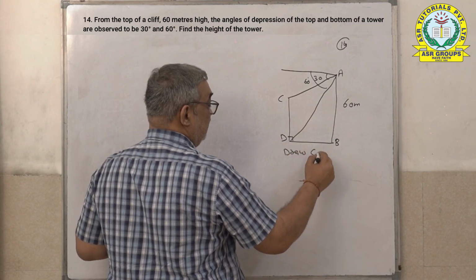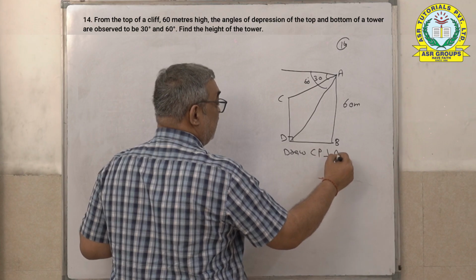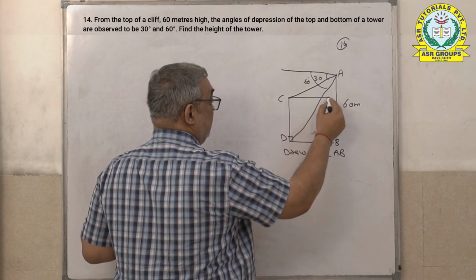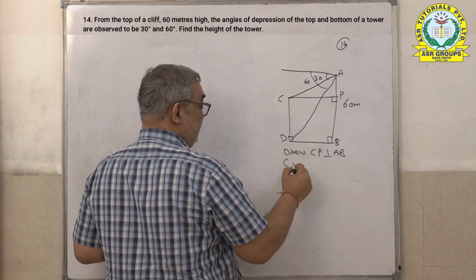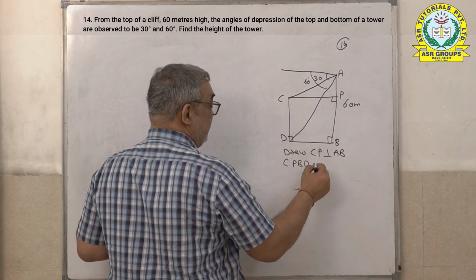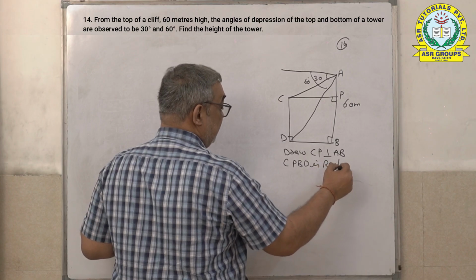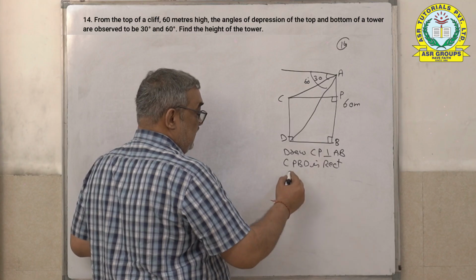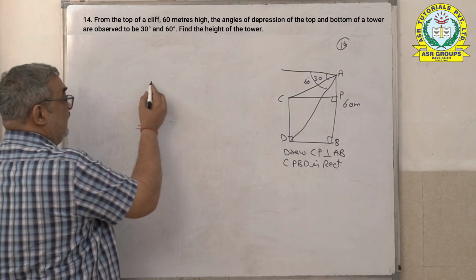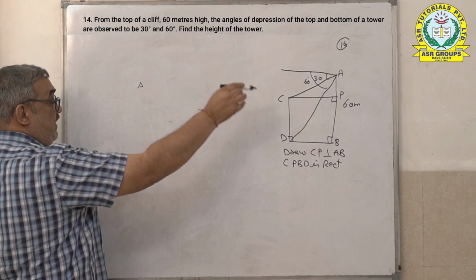We'll draw CP perpendicular to AB. So you see that CPBD is a rectangle. Now, I'll take triangle ABD.